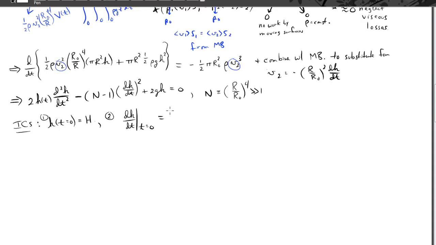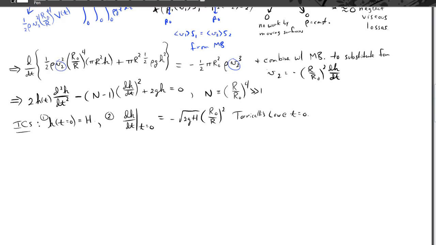And what they do in the text is they assume that Torricelli's law holds at initial time. So we have the square root of 2g capital H times R naught over R squared. That's Torricelli's law at time equals 0.